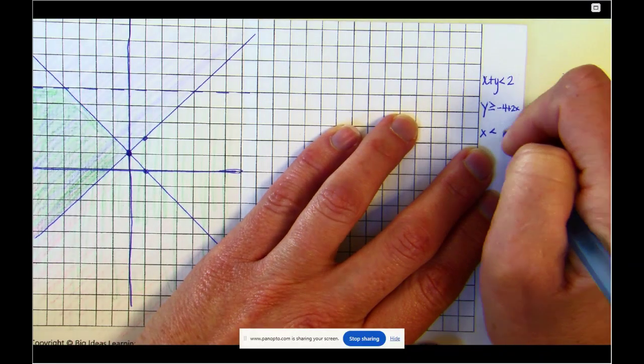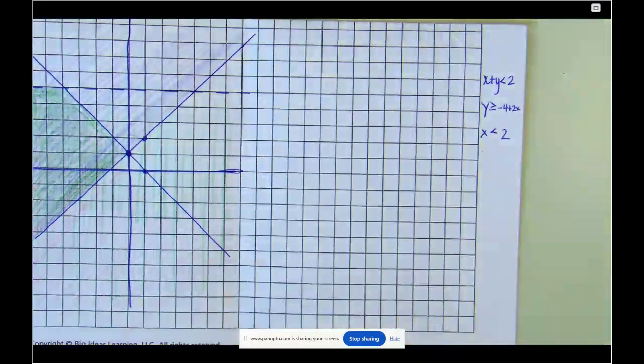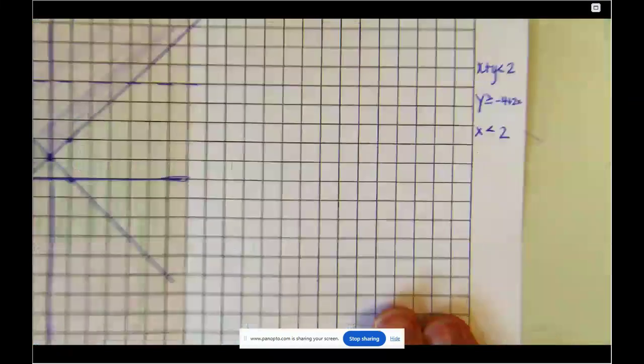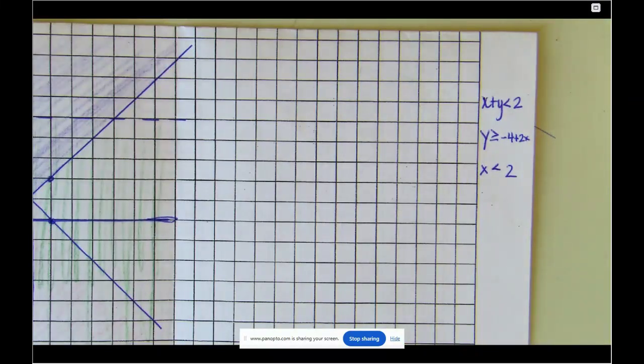All right, it doesn't matter, we just gotta graph it. Okay, I'm gonna zoom in a little bit so you can see that. I want you to think about the first one. If it's not y equals, you know what you need to do. You need to minus it.